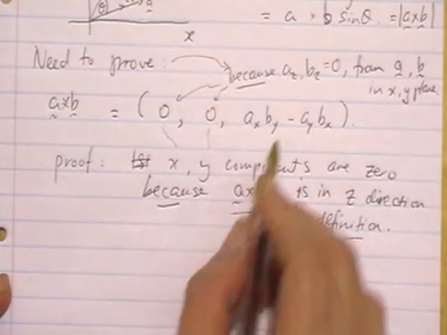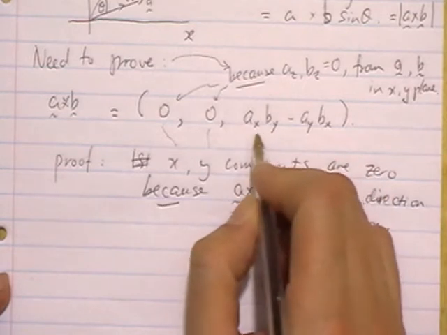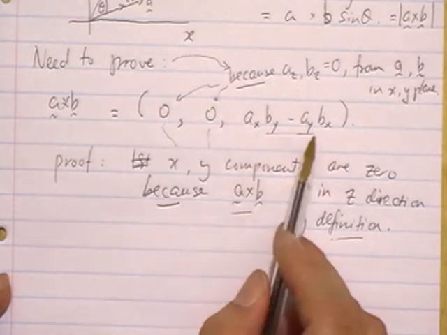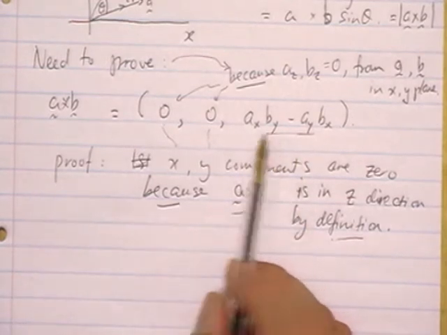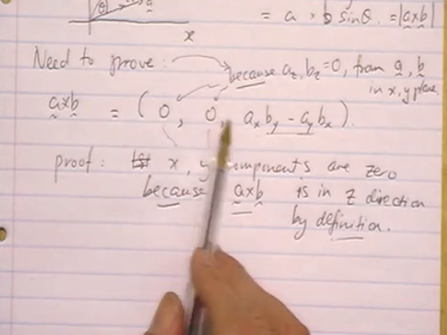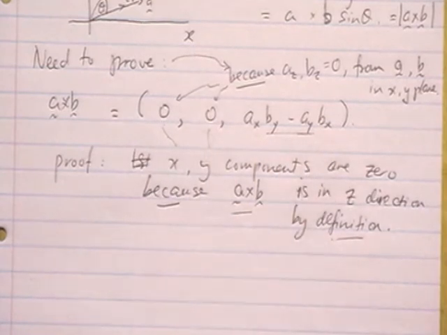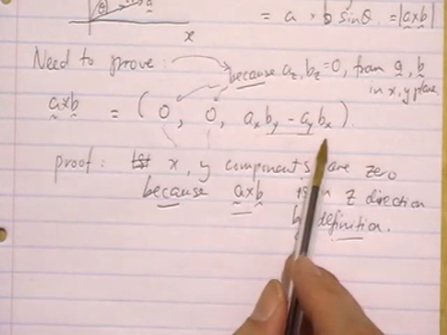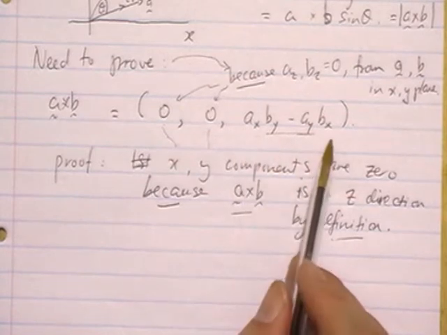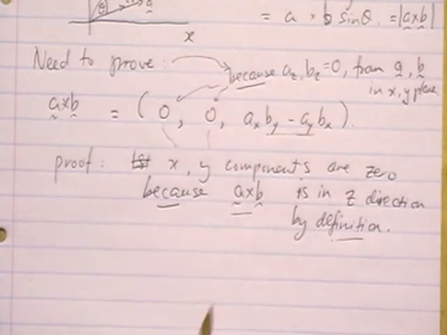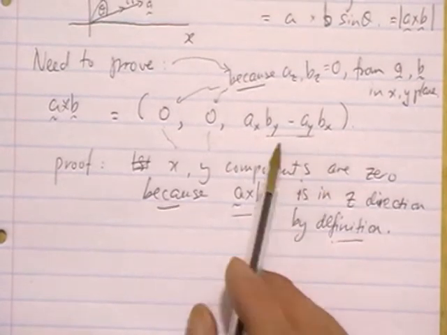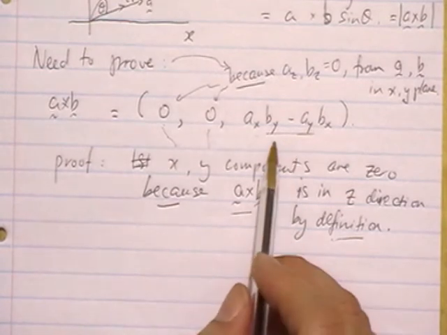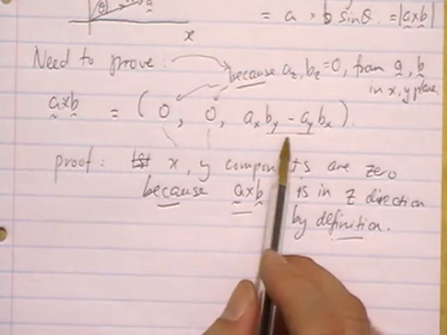Now moving on from that, we now need to prove the last component, that this is correct. Since this and this are 0, the last component must give the magnitude of this vector. It does not have to be equal to it because it can be negative, but the magnitude would also be the length of this vector.